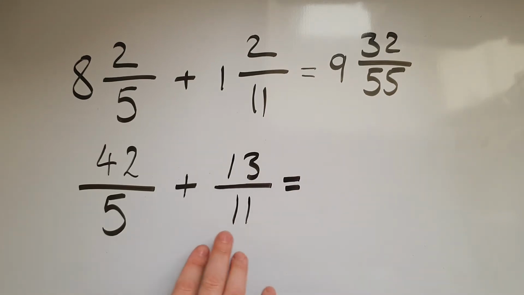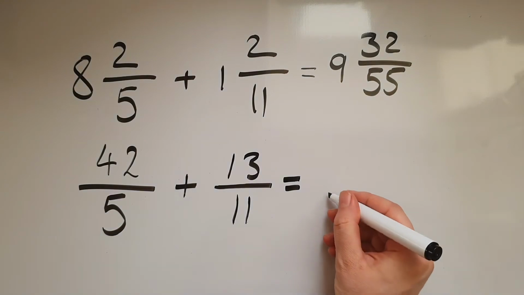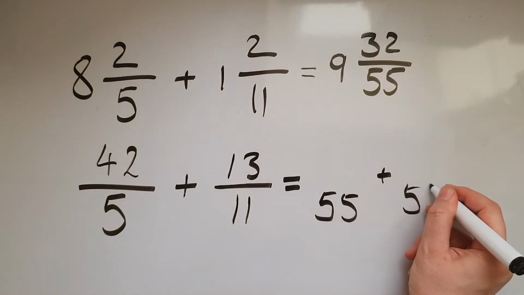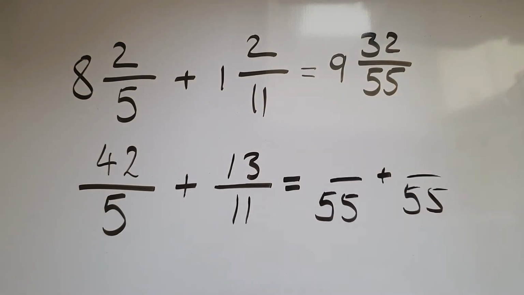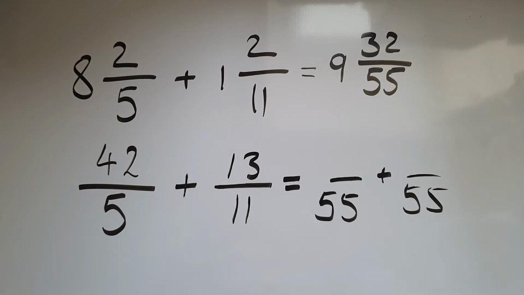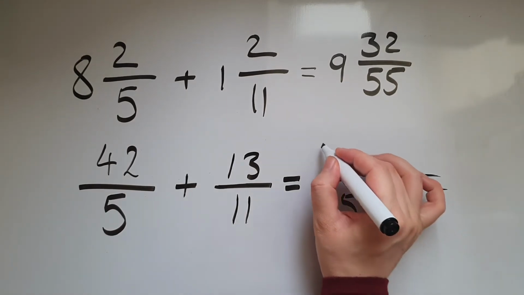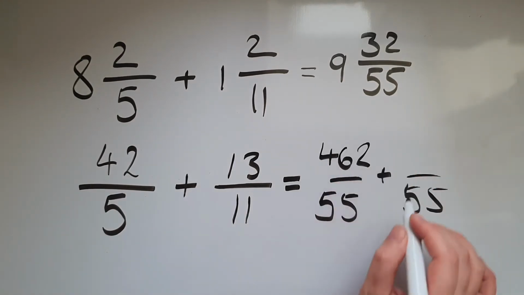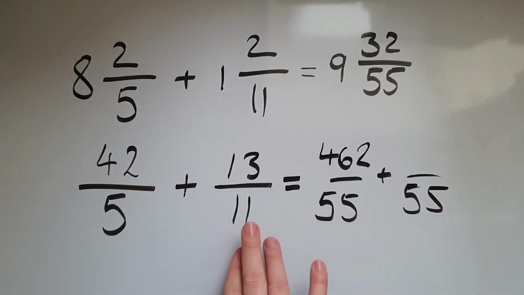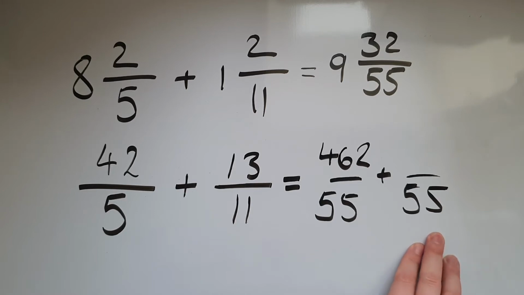Now, finding a common multiple, a common denominator, that can be 55, just like we used before. So to get from 5 to 55, we've multiplied by 11. So we're going to multiply 42 by 11 as well, which is 462. Now, to get from 11 to 55, we've multiplied by 5.